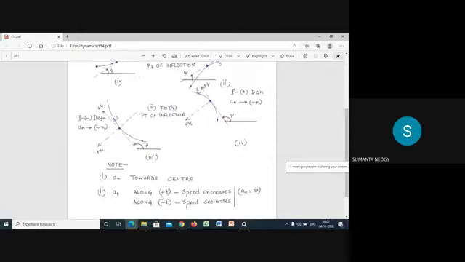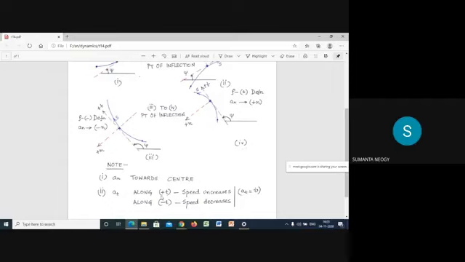Now, what about mechanics? If speed increases along plus t direction, now how do you get plus t direction? Along increase of s. See, you must know from calculus or geometry. Let us move to mechanics. How do you fix plus t direction? It is the direction in which s increases. In mechanics, in which direction does s increase?